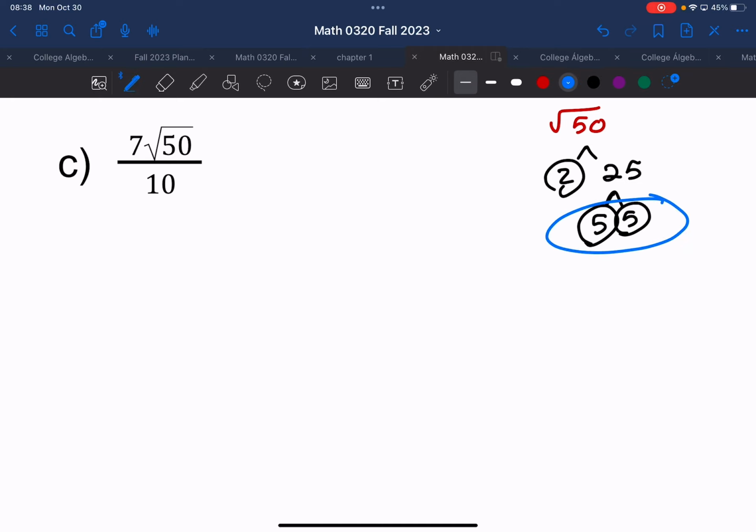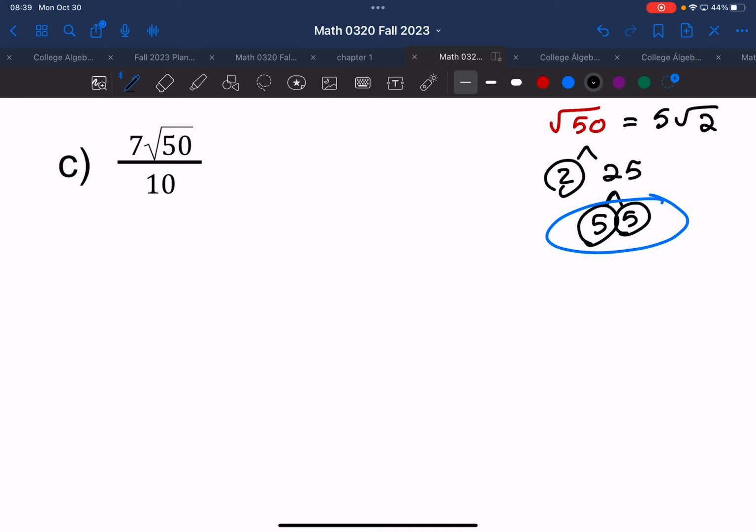So that means this simplifies to what radical? Good, 5 times the square root of 2. Whatever our pair is, we take one number out and that goes in the front. And whatever did not have a pair goes on the inside.